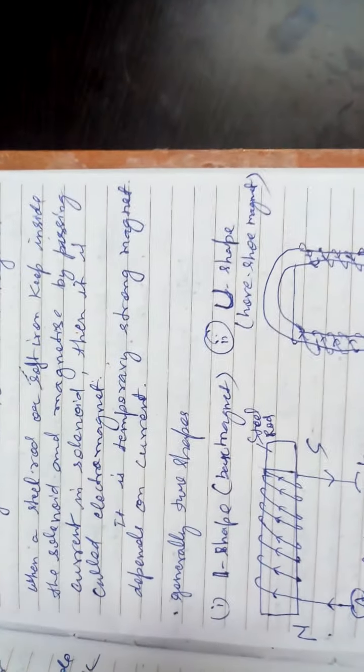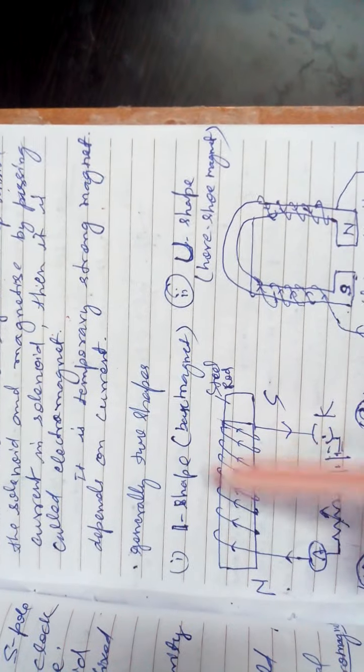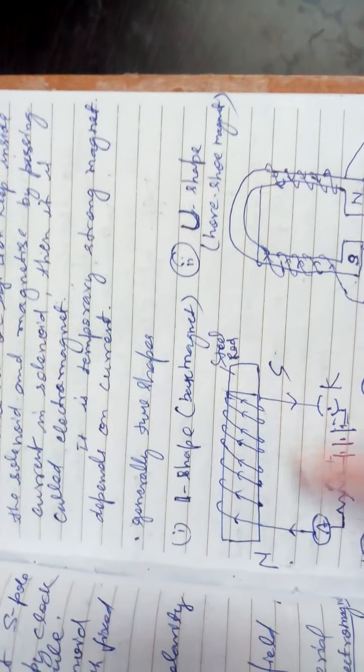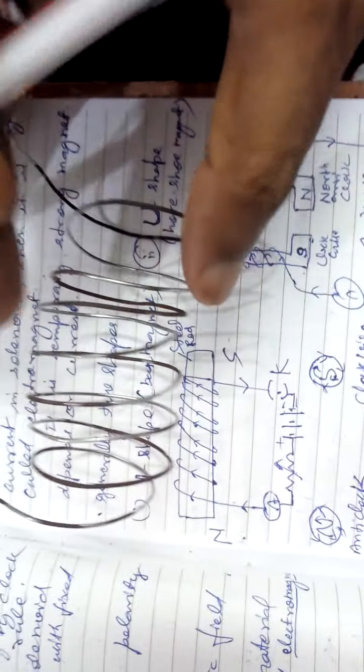So generally there are two types of electromagnets. One is the bar magnet, which is bar shaped. It is wrapped by this coil, which I have shown you like this. When you put a rod here, you get this.